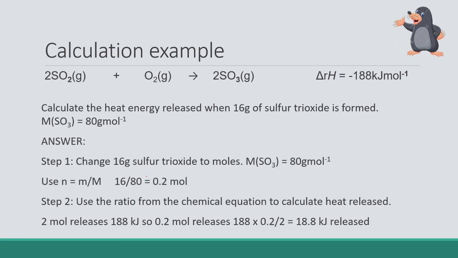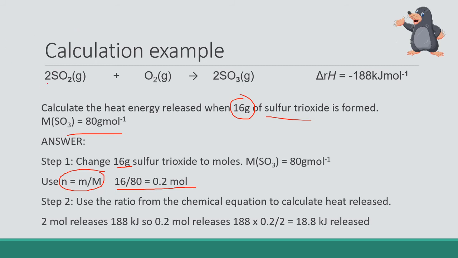And now this question is asking about products being formed. So we've got 16 grams of sulfur trioxide. We know that we've been given the molar mass. So we use our equation to change the 16 grams from mass, grams, to moles. So 16 divided by 80 gives us 0.2 moles. And we use the ratio from the chemical equation.